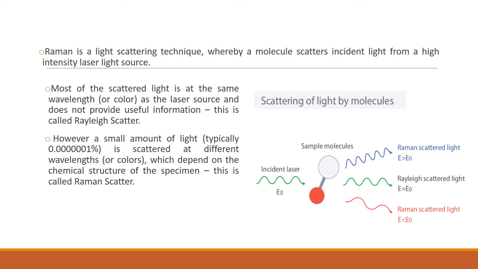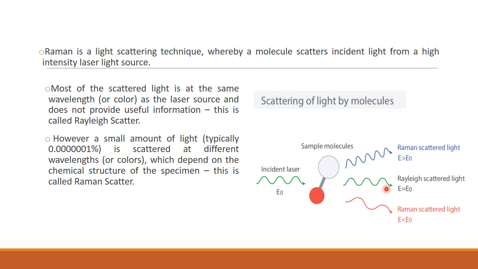In this case, Raman spectroscopy is a light scattering technique where the molecule scatters incident light from a high intensity laser beam. Now, how does the scattering happen? A high intensity laser beam with certain energy and certain frequency will be coming and interacting with the molecules, and when the interaction happens, most of the molecules will be emitting light of the same frequency or same energy.